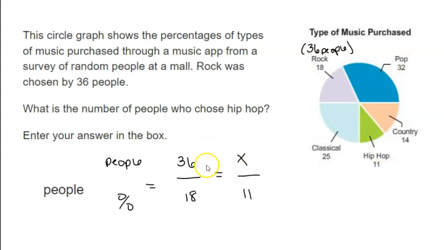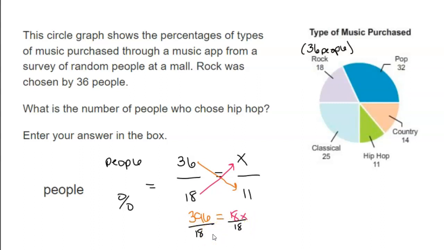This is a simple cross multiply. 36 times 11 is 396. Oops, sorry, let me make that prettier. So 396. And then 18 times x is 18x, because we don't know what x is. Now we have to divide out the number that's currently bothering it.